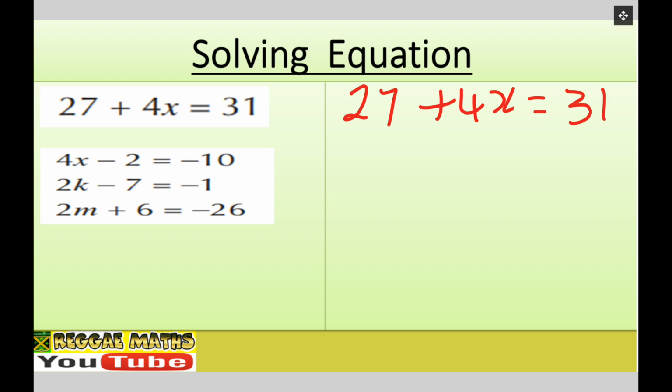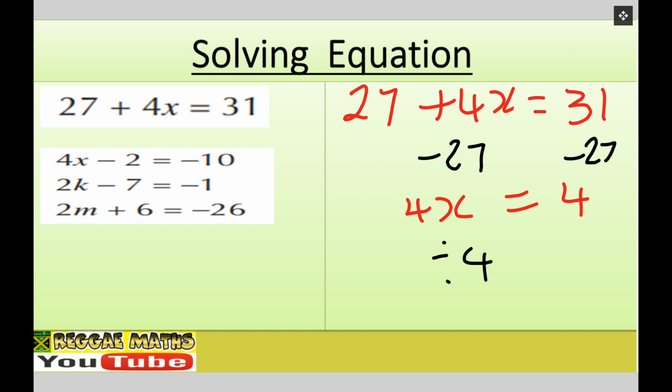So step 1, I need to get rid of the 27, so I'm going to take 27 from both sides. So you end up with 4x equals 4. Divide by 4 on both sides, x equals 1. Okay.